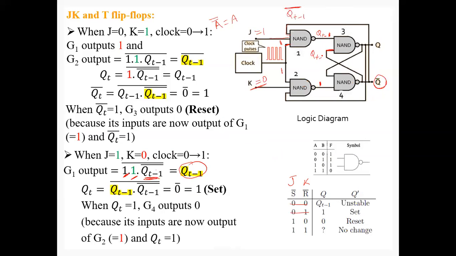Qt minus 1 bar, because it's coming from here, right? So we're interested in final state based on the initial state. That's why the input is initial state, output is final state. That's the meaning. So here, Qt minus 1 bar goes here, then Qt minus 1 is here.